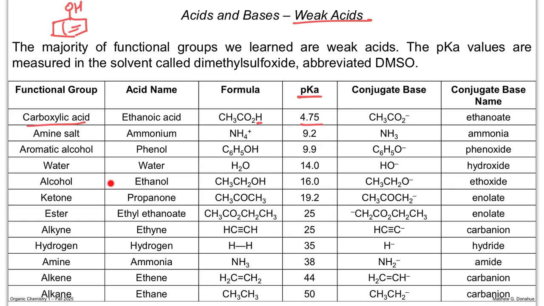Now we're in the general alcohol region, where the thing that's bonded to the OH is not an aromatic ring. These are about 16. Again, that's not a hard value of 16. It can fluctuate a little bit, and we'll talk about how it does that. That H gets deprotonated, and this forms a negatively charged oxygen, which is called ethoxide.